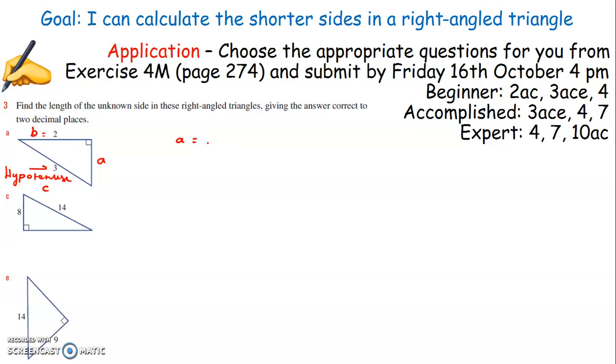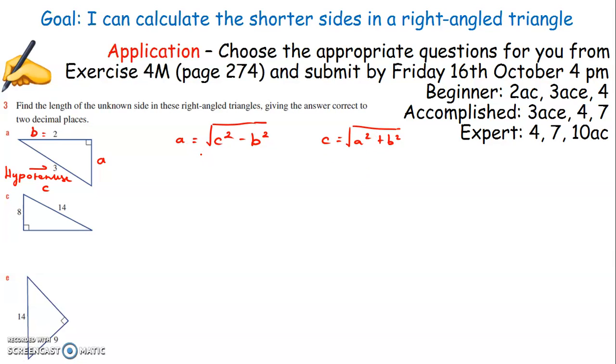A is equal to the square root of C squared minus B squared. Very similar to the Pythagoras theorem, which is again the square root of A squared plus B squared. There's only a few differences here. You've got a minus this time instead of a plus.